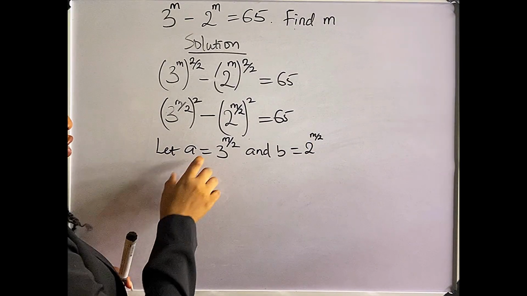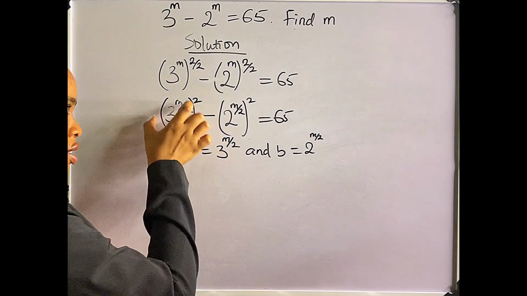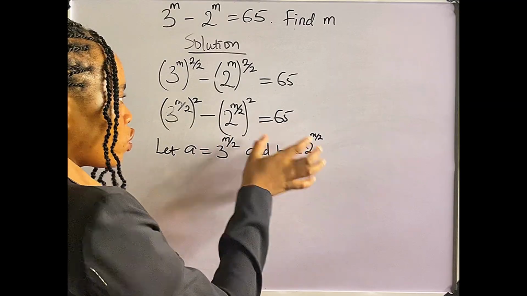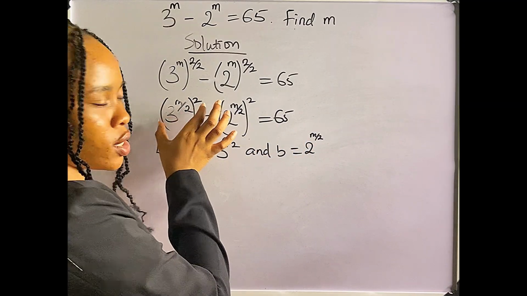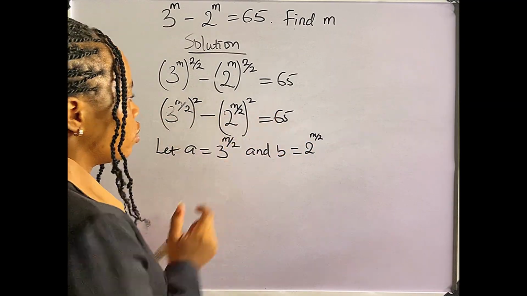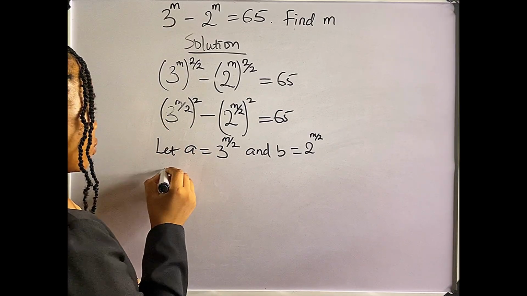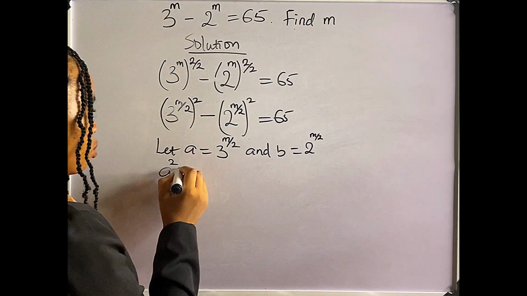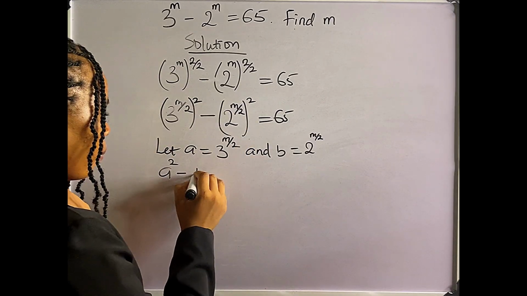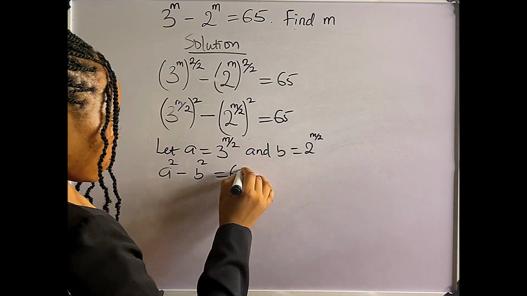So anywhere I see this, I'll replace it with a, and anywhere I see this, I'll replace it with b. So replacing it here, we have a squared minus b squared equals 65.